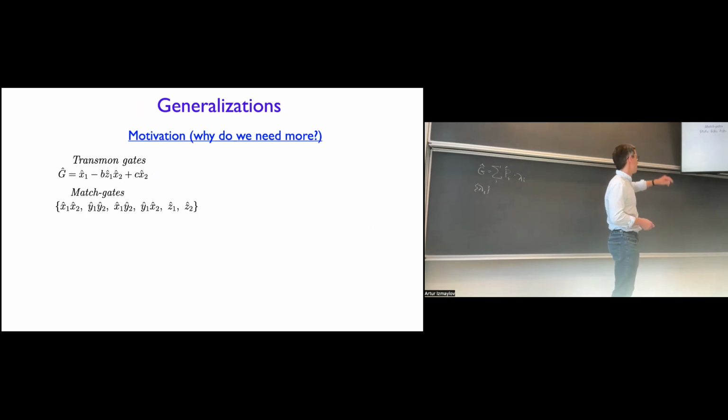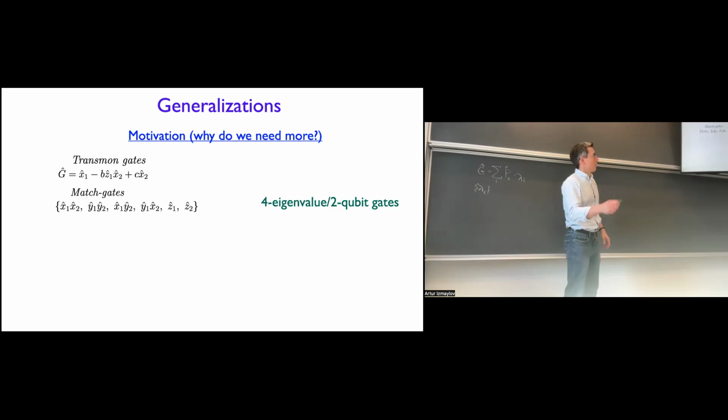I'm not very familiar where exactly people want to use that, but I know that there are something like transmon gates and match gates corresponding to these generators, and they generally have 4 eigenvalues, 2-qubit gates. In general, if you have 2 qubits, any operator will have at least 4 eigenvalues.